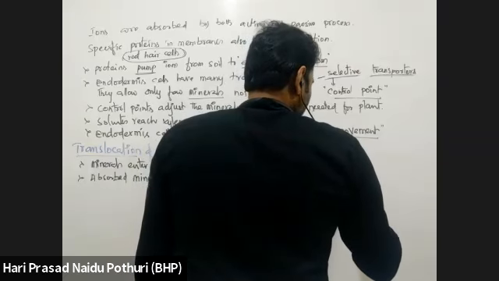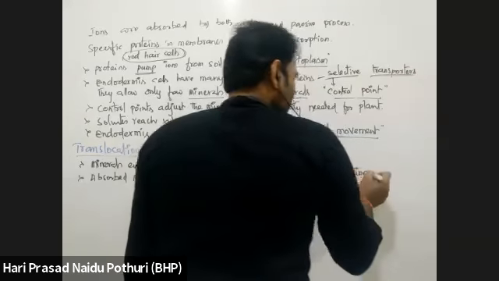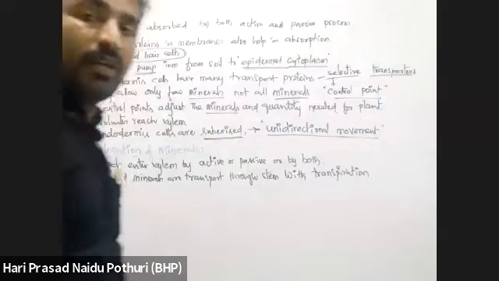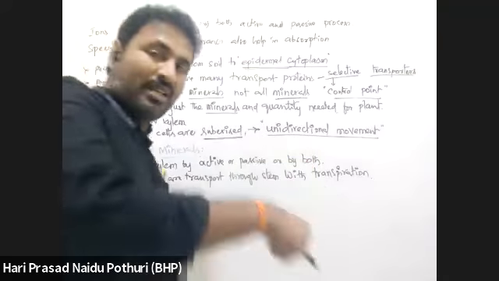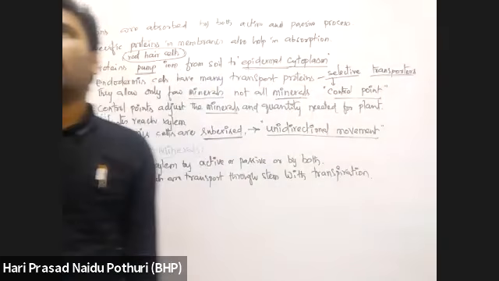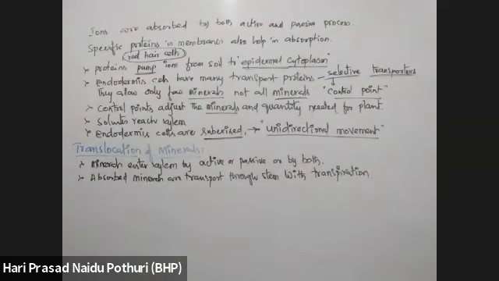What is the transpiration stream? It is responsible for the development of a negative pressure gradient at the leaves. Because of the negative pressure gradient, water molecules are lifted up. Along with that transpiration stream, the minerals are transported.